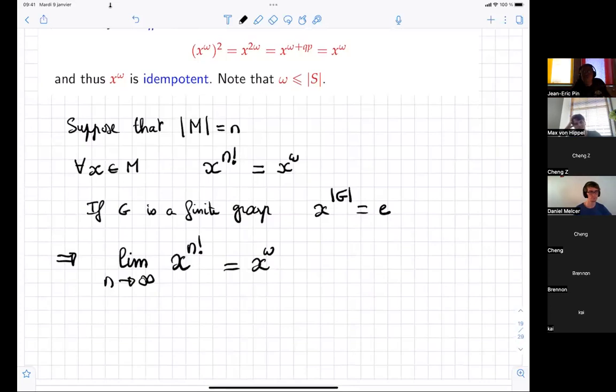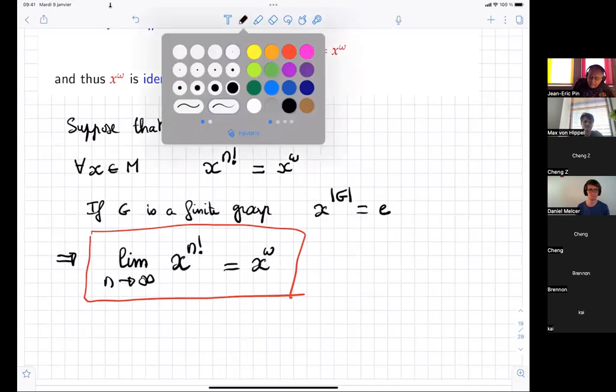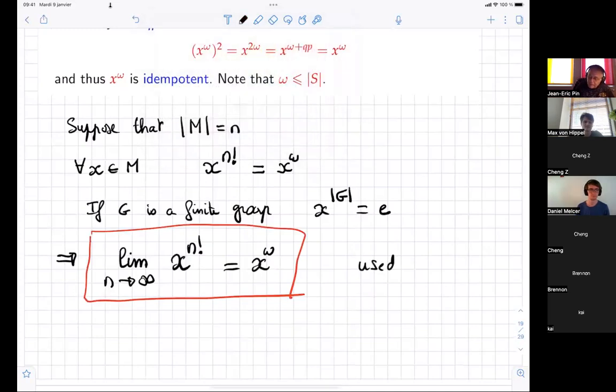And since it is a Cauchy sequence, it defines an element in A star hat. So this very formula can be used to define an element of A star hat, which is idempotent.